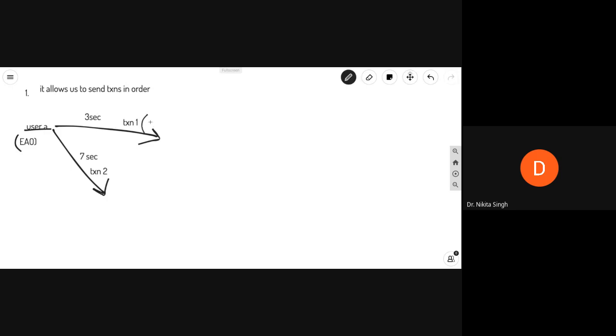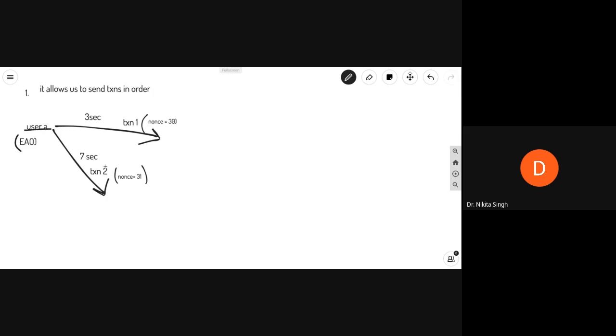Suppose this transaction has a nonce value of, say, 30. We have this transaction 2, which has a nonce value of 31. Since nonce is the transaction counter, if this was sent first, it was 30, and the next transaction makes it 31. So what nonce exactly does is force the miners to process them in order.